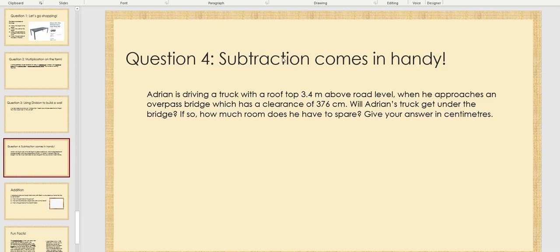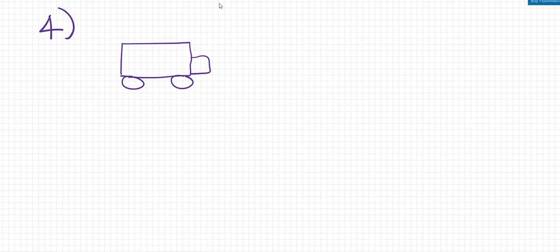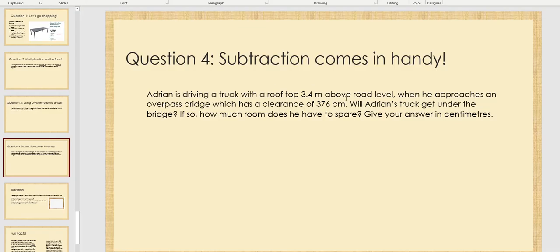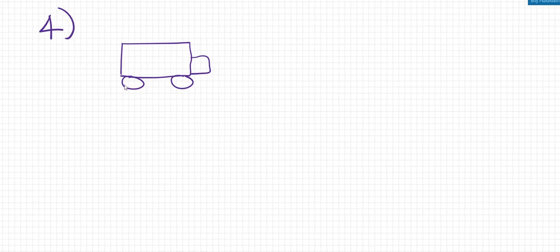So first of all, let's draw a diagram. Remember when drawing diagrams, they just have to be simple, and you're not being assessed on how artistic you are. So there's my truck. The question also tells us that it's above road level, so we have to draw a road. That'll help us.